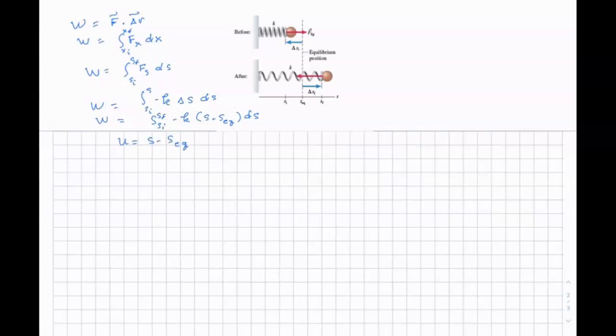Then we're going to rewrite our definition of work as minus the integral from u initial to u final of k u du.